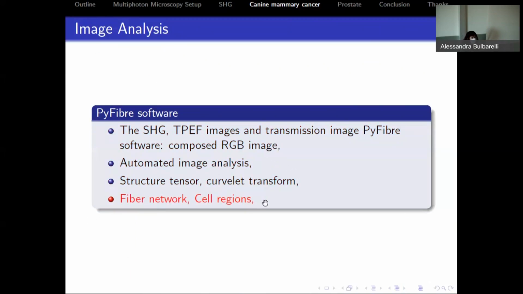Because the main task, if we're going to use this for quantitative measurements, is where in that image are we going to measure what? And so we wanted to automatically take the images from the microscope and treat a very large number of images to have enough statistics.